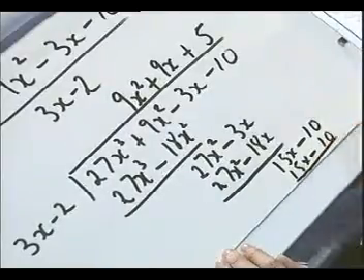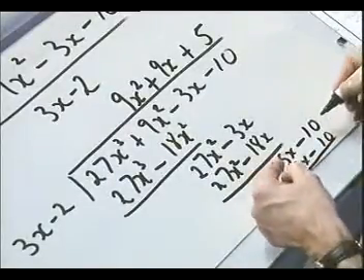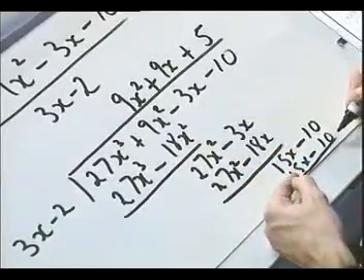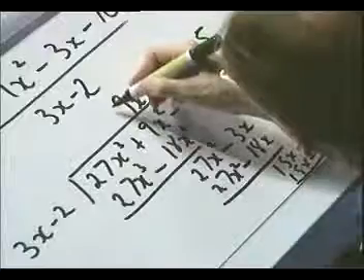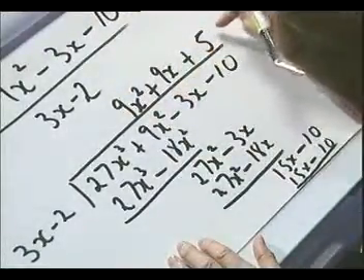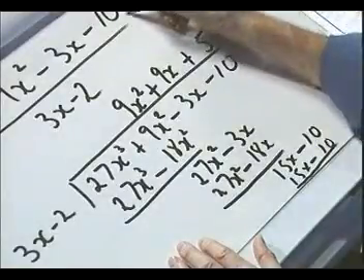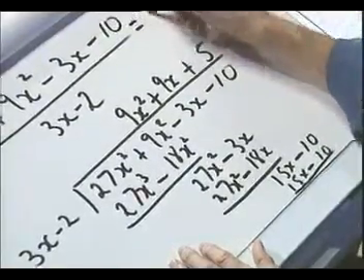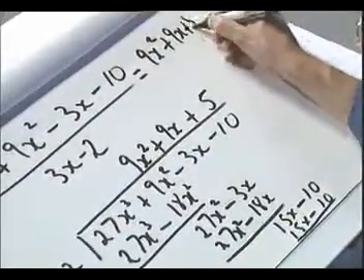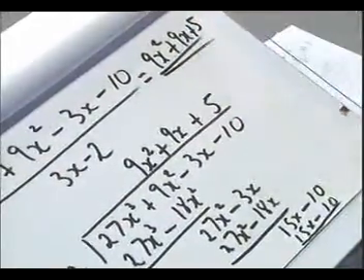And we can see that when we take these two away, we've got exactly the same expression. 15x minus 10, take away 15x minus 10, nothing left. And so there's our answer. Just as in the long division, the answer was there, it's there now. And so we can say that this expression is equal to 9x squared plus 9x plus 5.